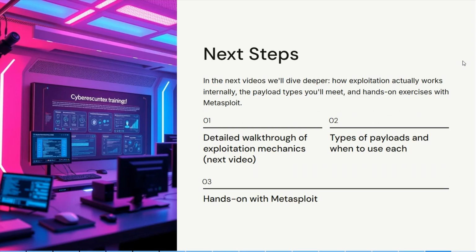So in the next video, we'll dive deeper into how exploitation actually works internally, the payload types you will meet, and hands-on exercises with Metasploit. Number 1, a detailed walkthrough of exploitation mechanics. 2, types of payload and when to use each. And 3, hands-on with Metasploit. We're going to see how to work with Metasploit and more in our next videos.